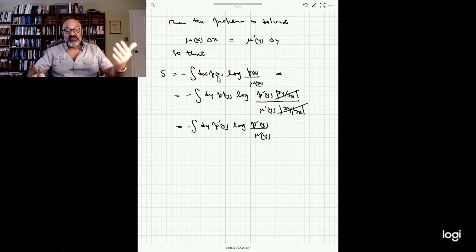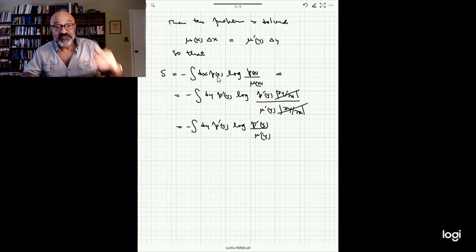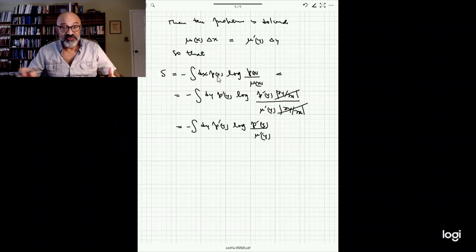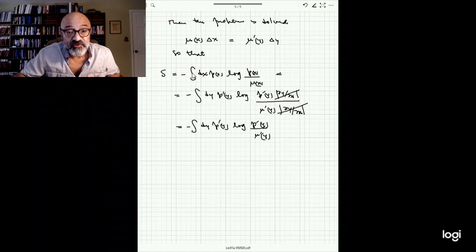Shannon's entropy only works for discrete variables. If you're going to apply all of this to continuous variables, then the formula properly should include dividing by a uniform distribution. What do you mean by uniform?